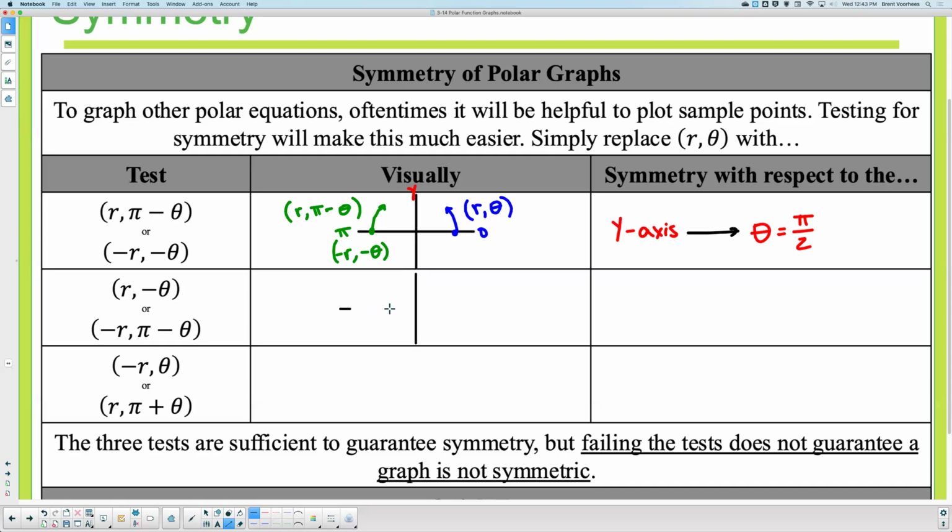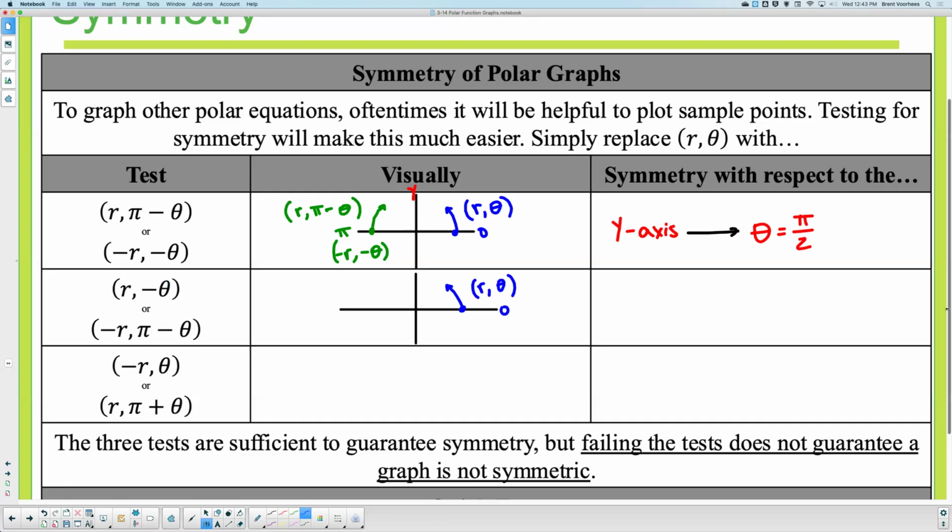Draw another graph. Let's get the standard. Normally, we begin on the right side and we move against the clock. That's normal, r comma theta. Now this says you still have the same r value, which means the same distance away from the pole, but you move with the clock.